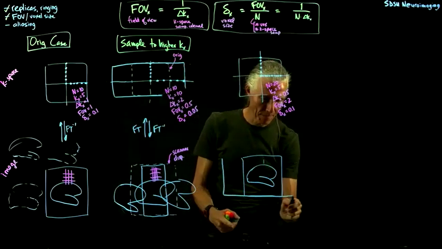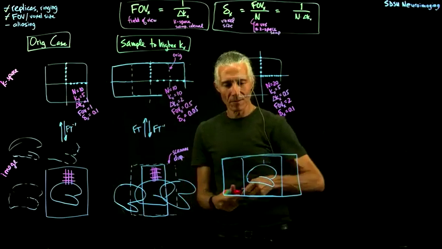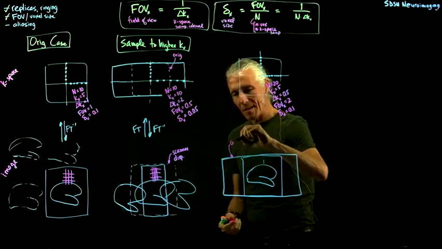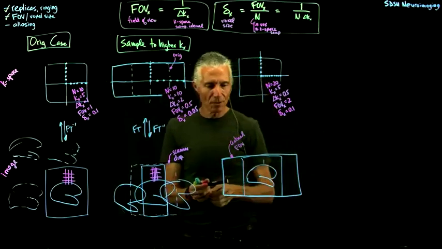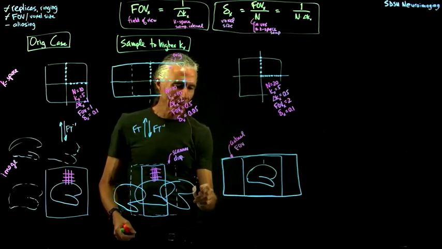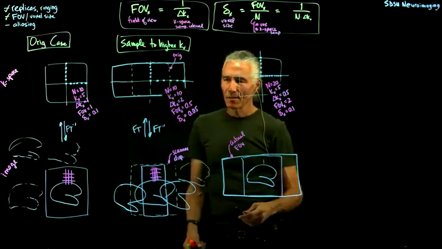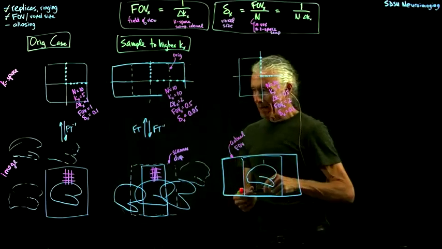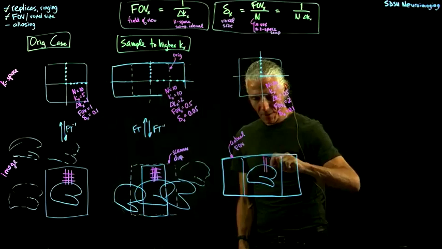So here's the actual field of view. It looks like that. And so what happens is you just move this replica away. So there's the next replica. And if you look at the voxel size, it's exactly the same as it was before. Didn't change.